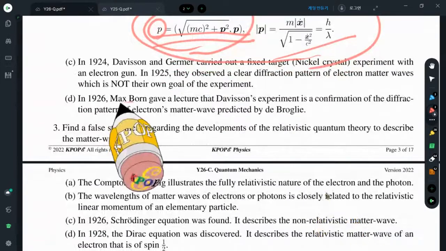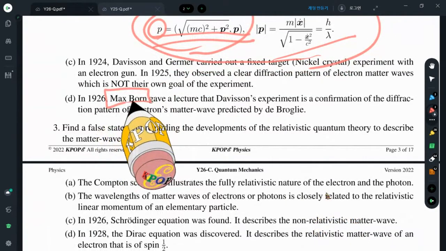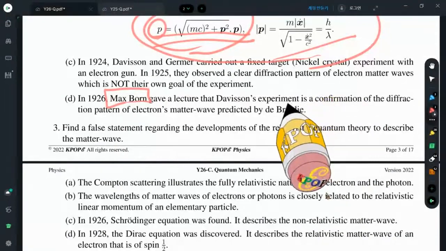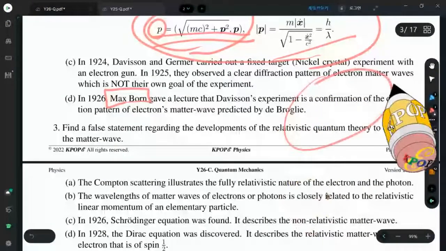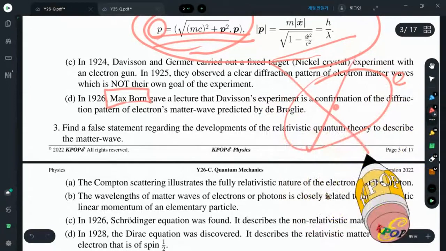Finally, Max Born: we use quantum theory with the wave function, and Bohr's basic idea of electron orbits was completely wrong.